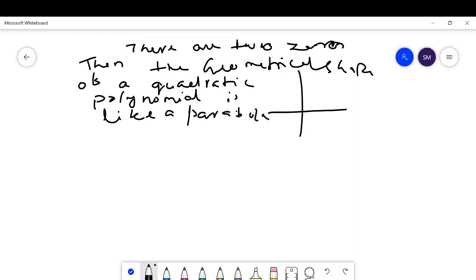The shape of the parabola depends upon so many factors. Look here, we will discuss these factors. What are these factors? The shape of the parabola is like this.